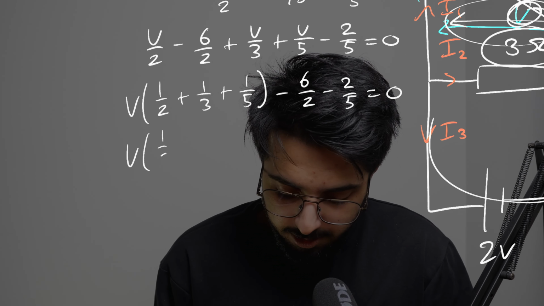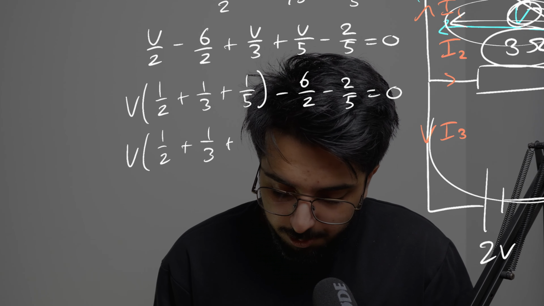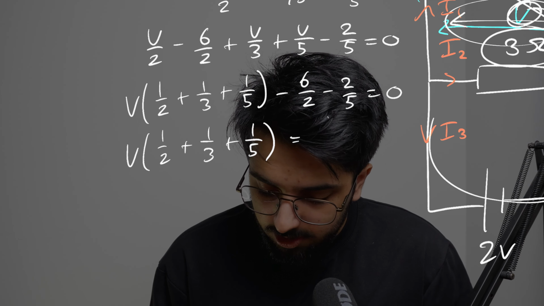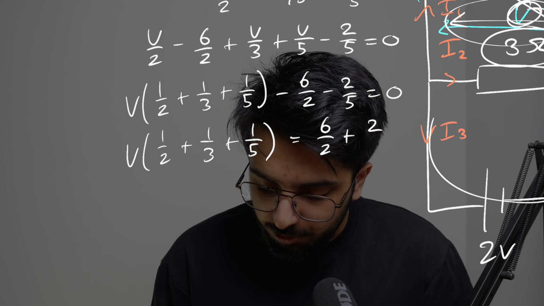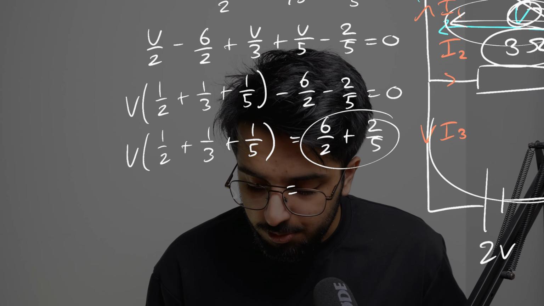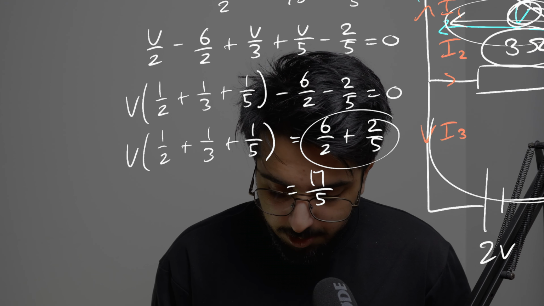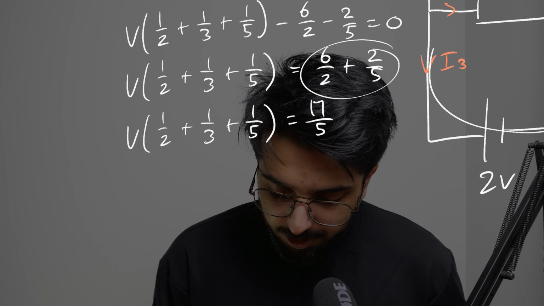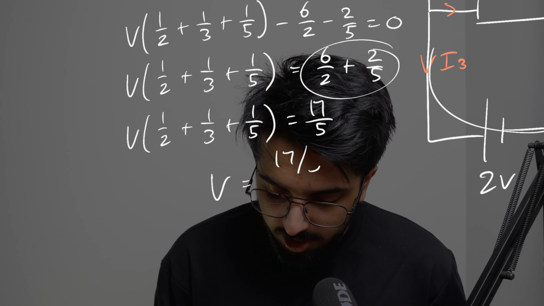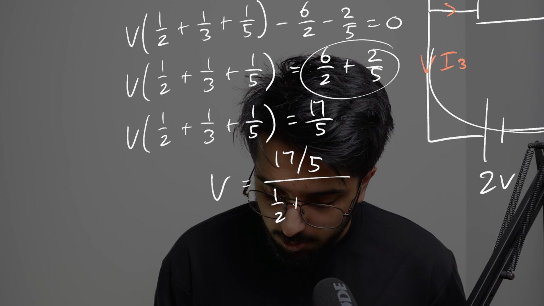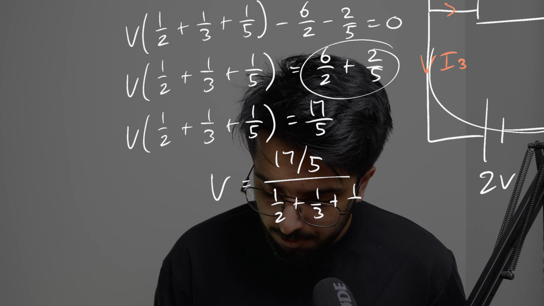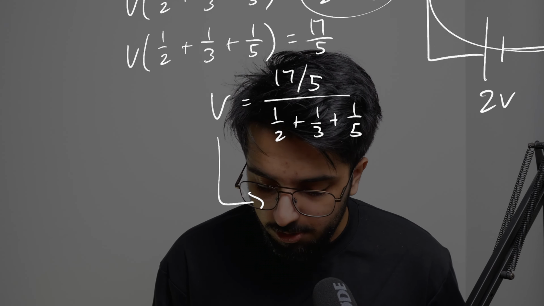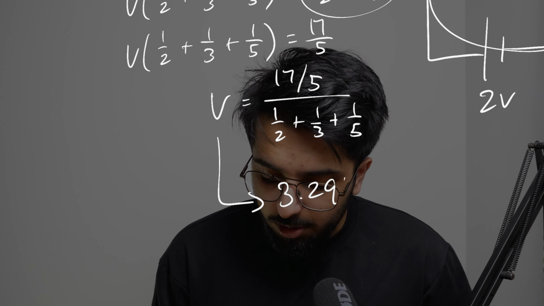V multiplied by half plus a third plus a fifth is equal to 6 over 2 plus 2 over 5. This simplifies to 17 all over 5, and we can carry this down over here. And so therefore V is equal to 17 all over 5 divided by half plus 1/3 plus 1/5, and this gives a voltage of 3.29 volts.